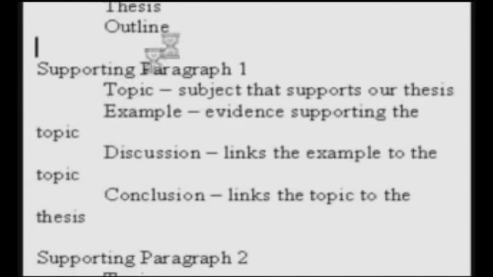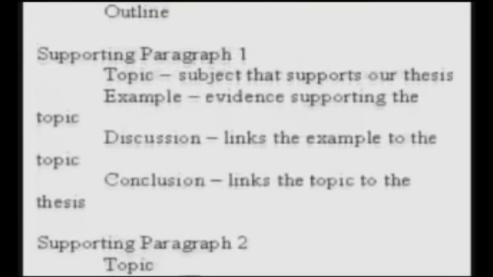Then we come to our first supporting paragraph. Now this topic here should be found in the outline sentence up here. Okay, and supporting paragraph number 1 follows its own pattern with an example, a discussion, and a conclusion. Supporting paragraph 2, so this topic once again should be seen in the outline in our introduction paragraph at the beginning.